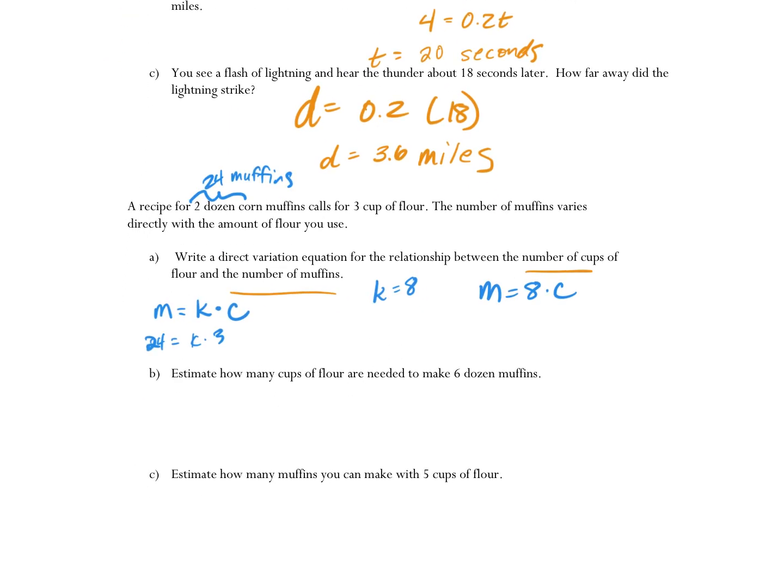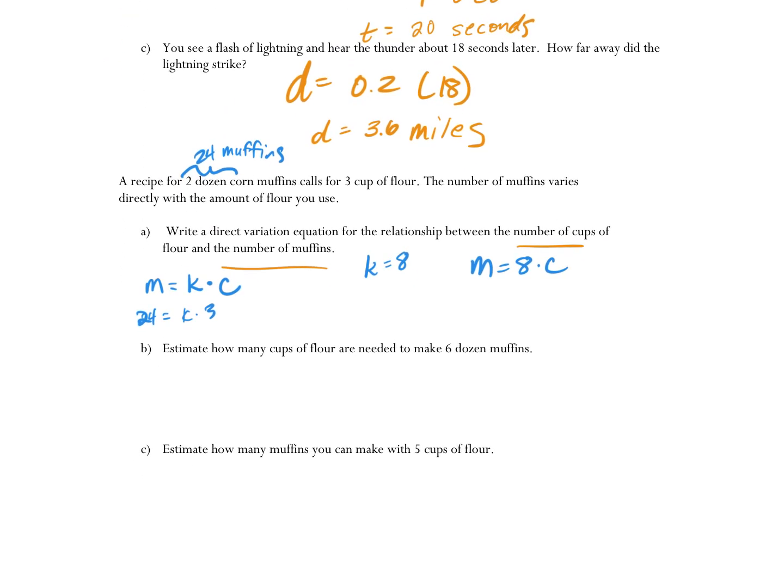Okay? So, how many cups of flour do we need to make 6 dozen muffins? Oh boy, guys. 6 dozen is 72. Okay. And so we would have our number of muffins equals 8 times how many cups of flour?